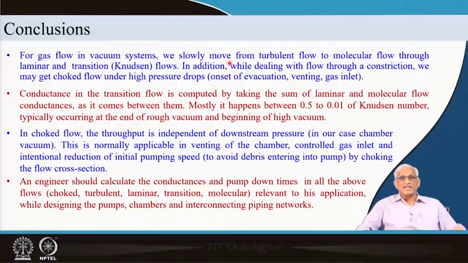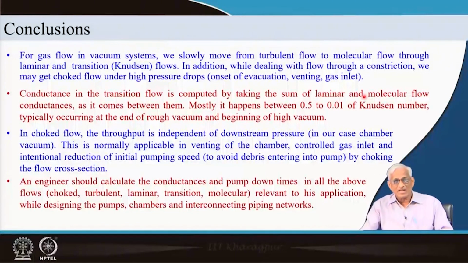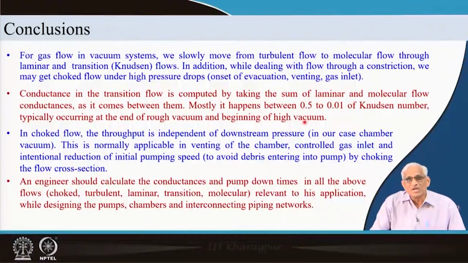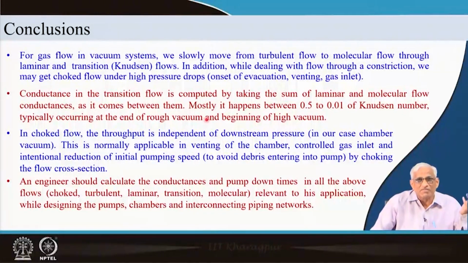Conductance in transition flow is computed by taking a combination of laminar flow conductance and molecular flow conductance. Mostly it happens at a Knudsen number of 0.5 to 0.01, which typically occurs at the end of rough vacuum and the beginning of high vacuum. In choked flow, throughput is independent of downstream pressure, that is the main point.